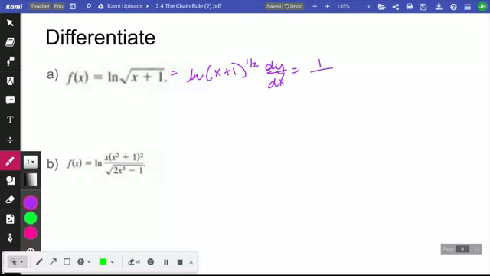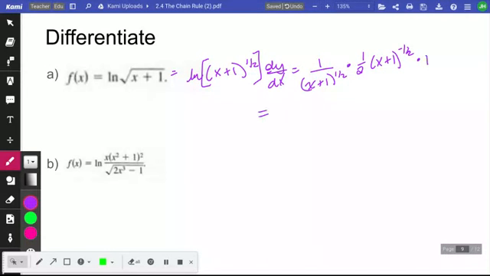And so I will have 1 over x plus 1 to the 1/2. And then inside, because that whole thing is in the natural log, I would have to chain rule the inside, so 1/2 x plus 1 to negative 1/2. Technically, times the derivative of the inside, which would just be times 1. You don't have to write that, though.